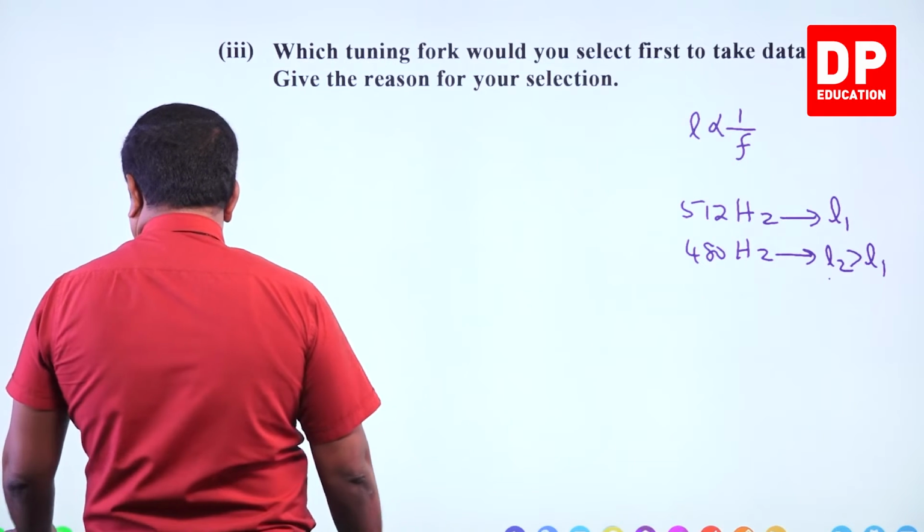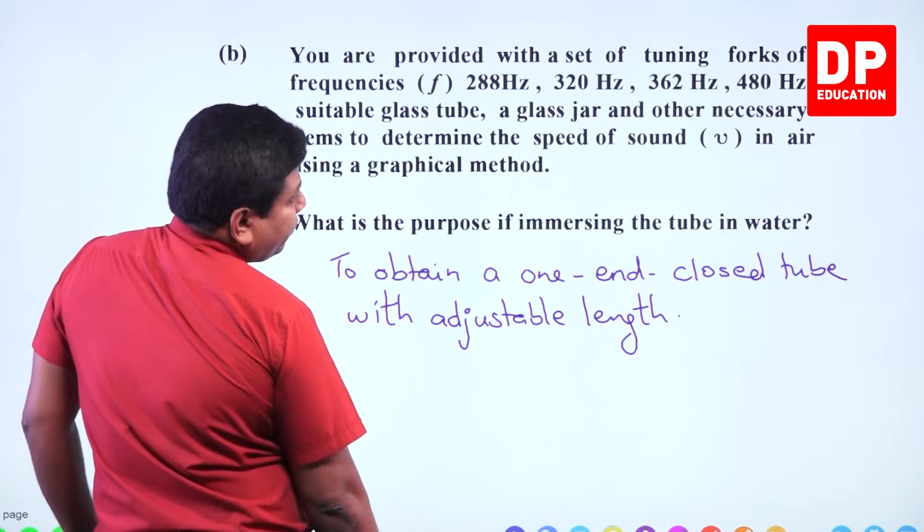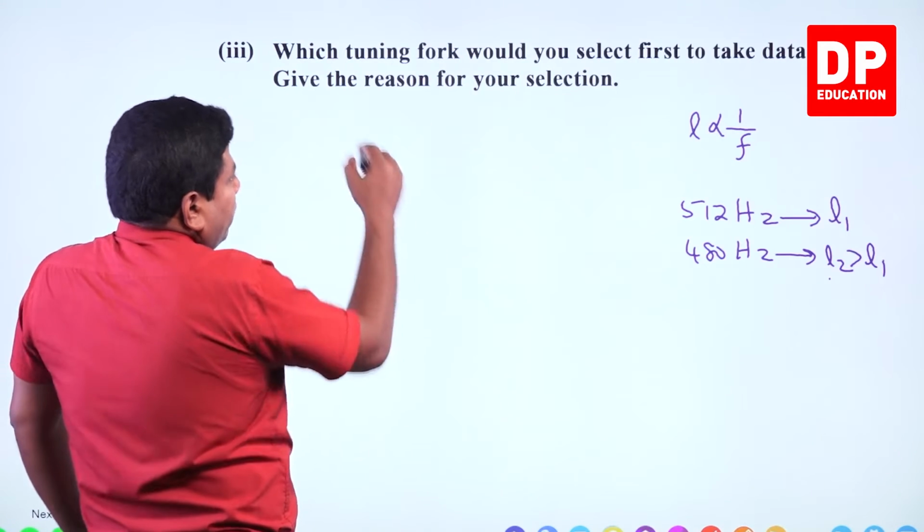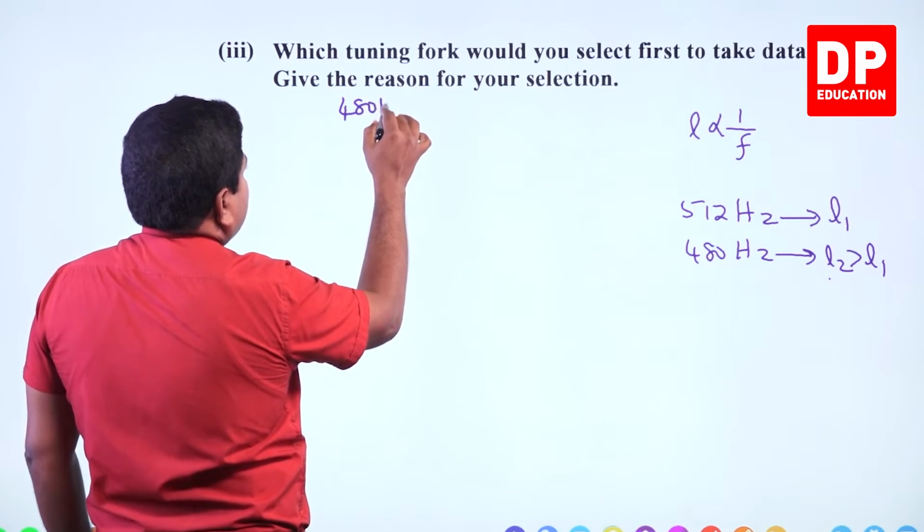So what are the frequencies given to us? The highest is 480 Hertz.